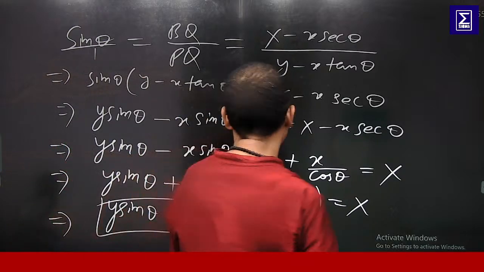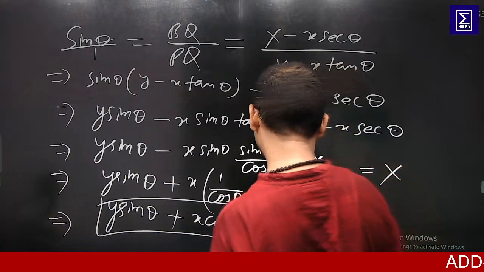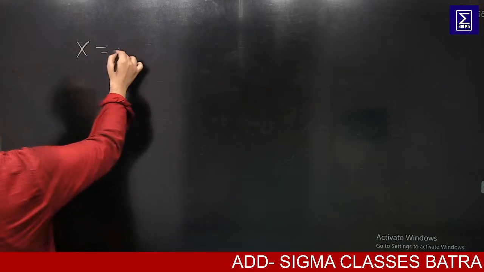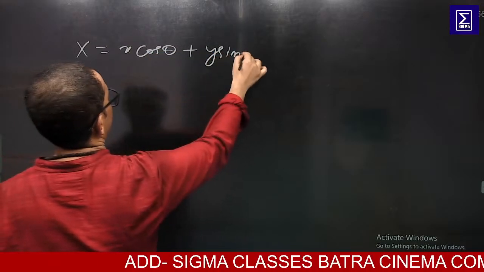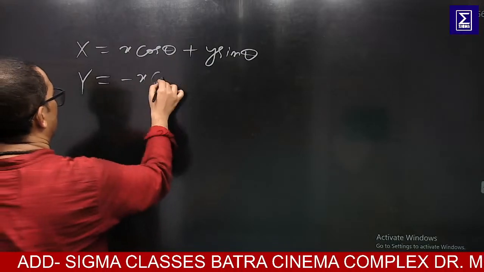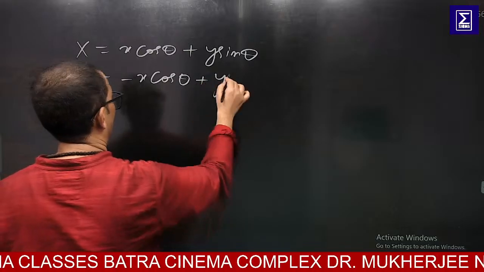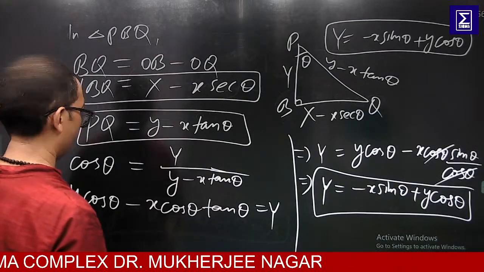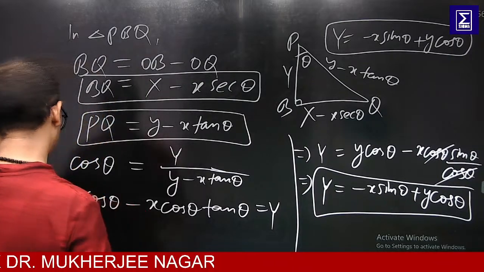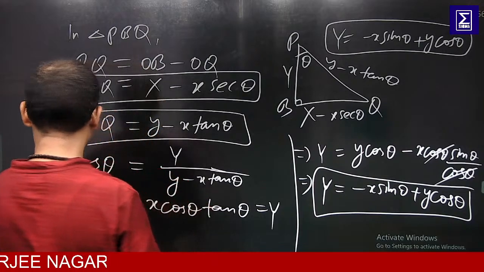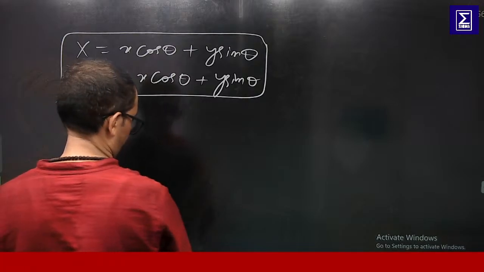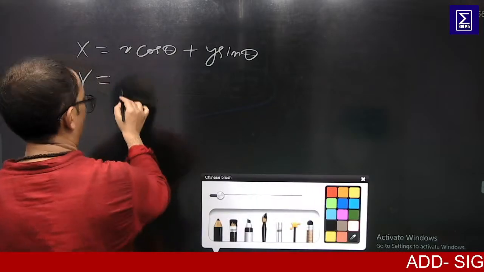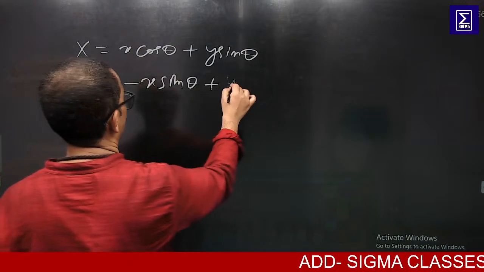So here, in the next slide, x is equal to x cos theta plus y sin theta, and y is equal to minus x sin theta plus y cos theta.